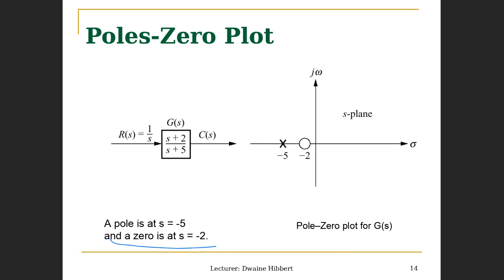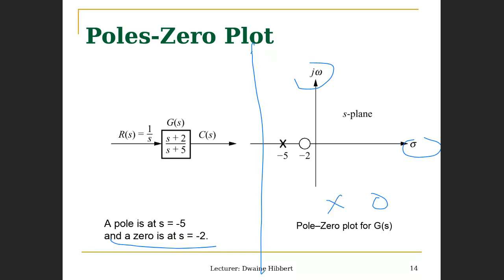It is commonplace in control system theory, and in other disciplines of engineering such as signals and systems, to represent the poles and zeros on an s-plane. The s-plane is simply a plane that has real and imaginary components. We plot zeros using a circle and we typically plot poles using a cross.